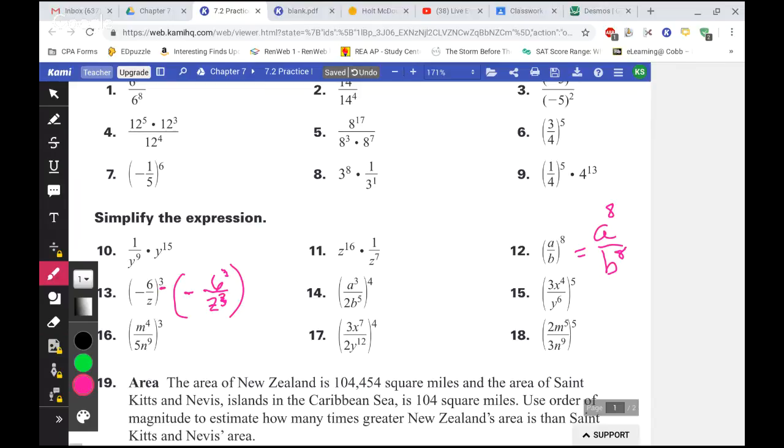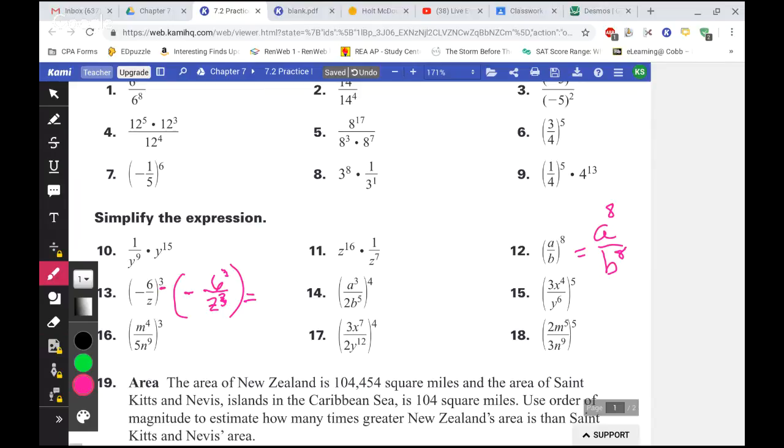You can just distribute the negative to the front of the fraction if you want to, or you could distribute it to the top, just the top, or just the bottom, as long as you end with a negative number. And just like Mary Faith just said, we know that the end result is going to be negative because the exponent is odd.